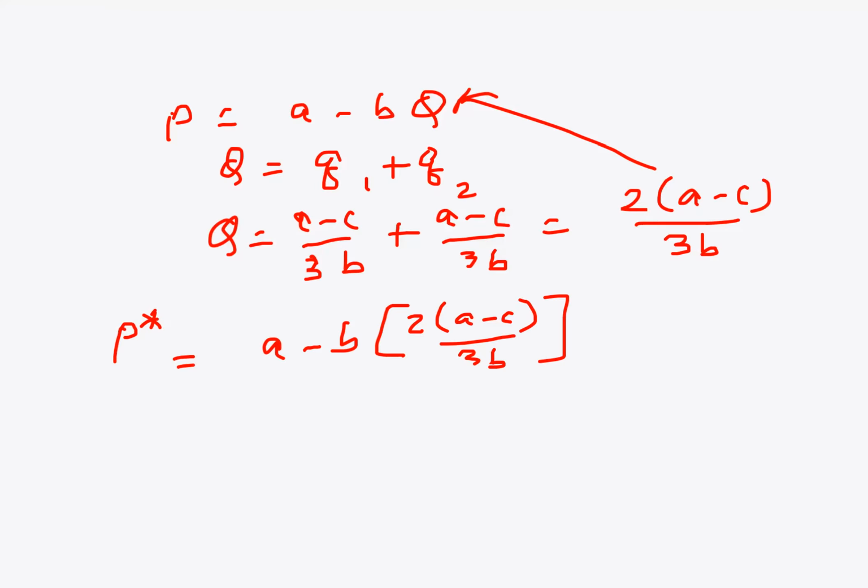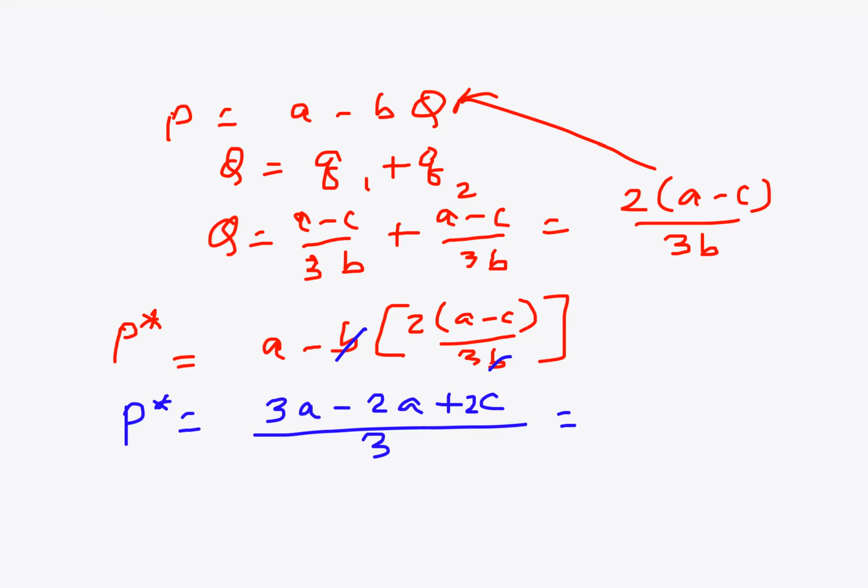B will cancel out here. So the price is now equal to 3 times A, minus 2 times (A − C), minus minus plus, so plus 2C, and then you divide it by 3.